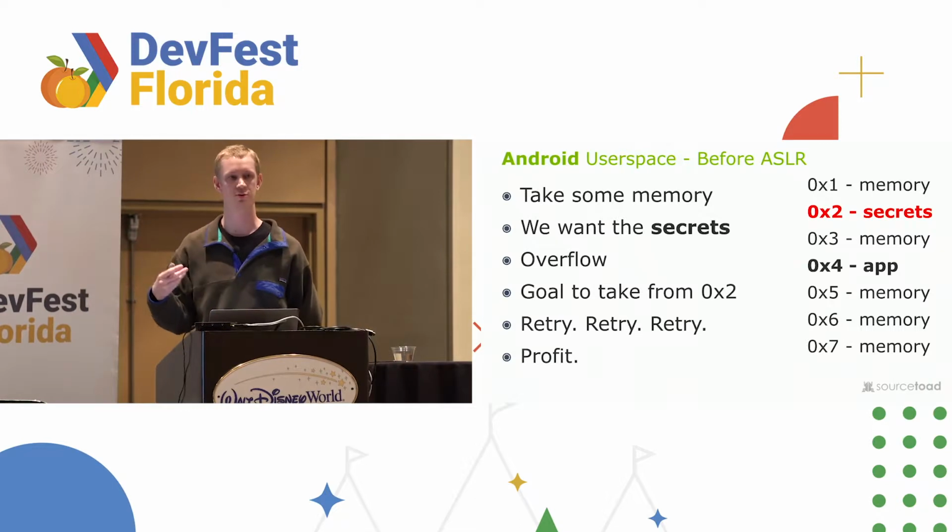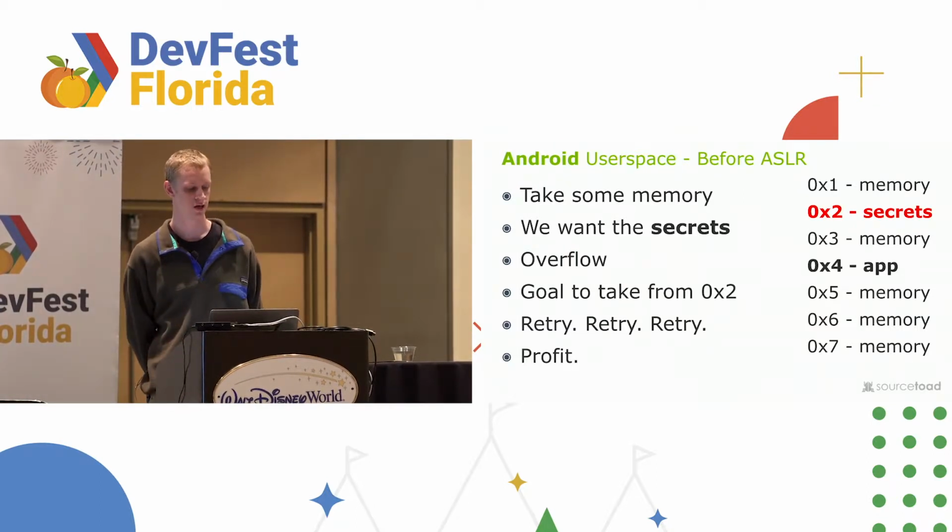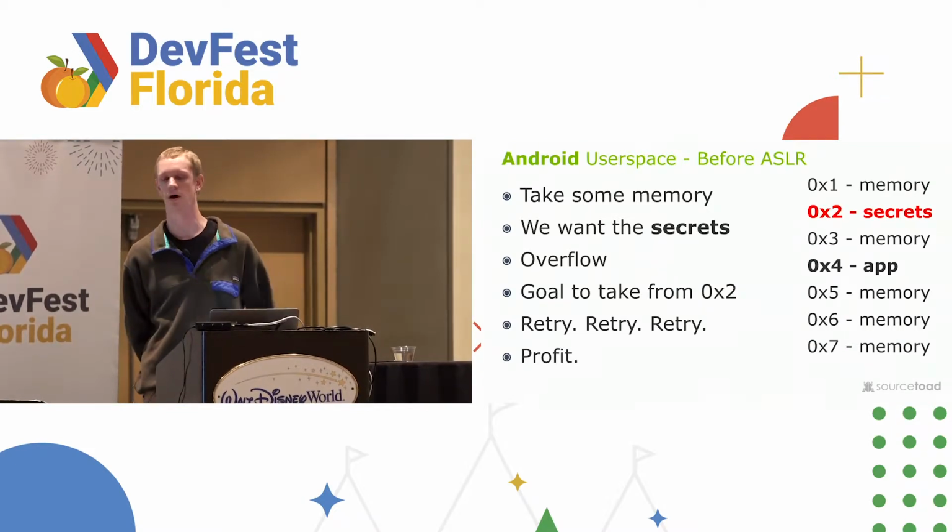So what we would do is target the application that's running and try to get it to overflow. This is just finding a vulnerability, anything we can do. And since we know where the secrets are, well, we don't really, we pretend we know where they are, and we want to read that block of memory for secrets. So our goal is just to continue attacking this application until we can read that little blob.